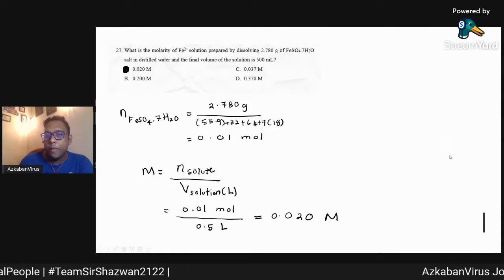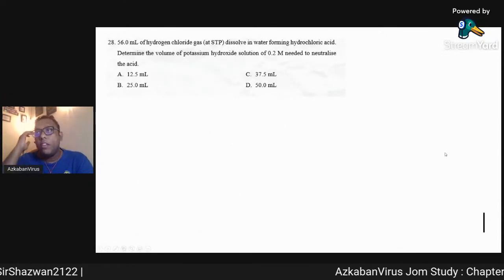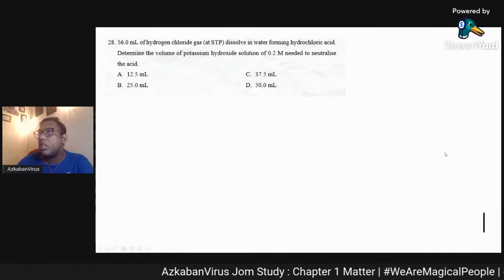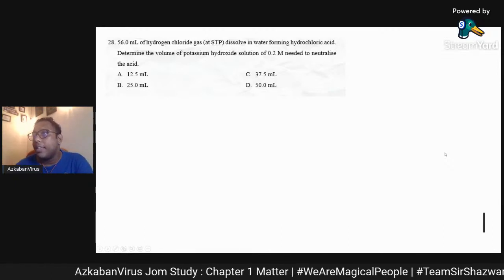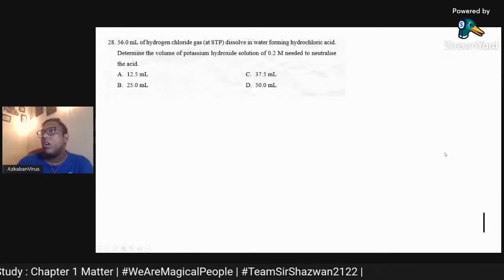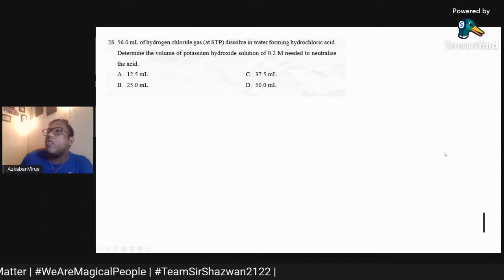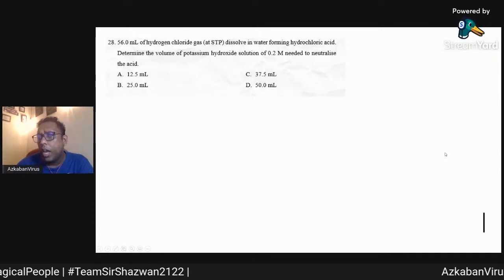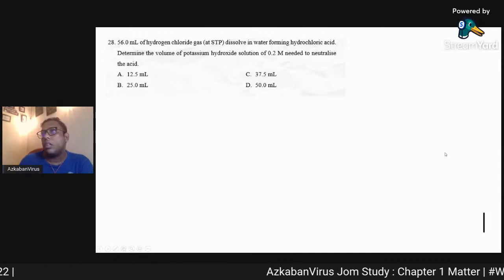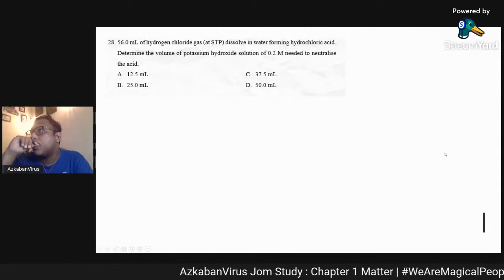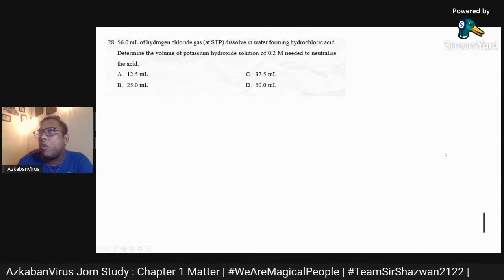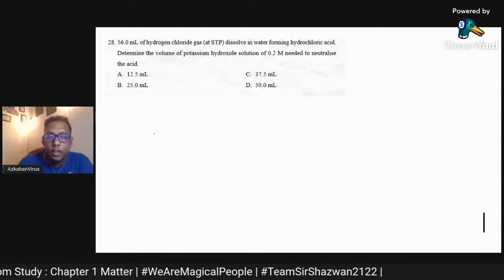Right? Next one. If 56 milliliter of hydrogen chloride at STP is dissolved in water, forming hydrochloric acid, determine the volume of potassium hydroxide solution of 0.2 molar needed to neutralize the acid. Okay, so first kali kita cari number of mole of kita punya hydrochloric acid dulu.